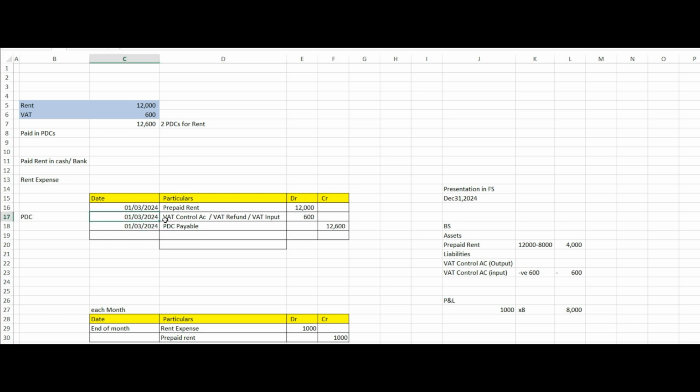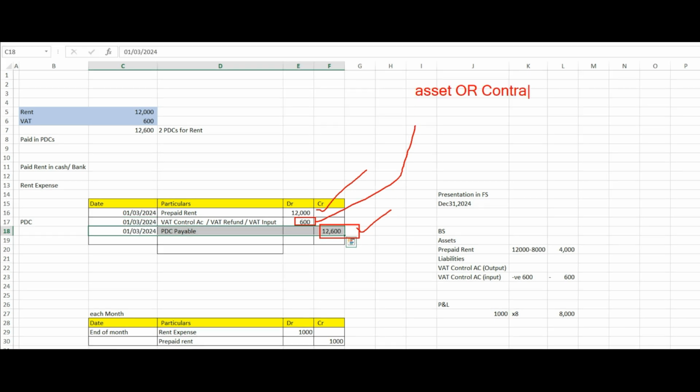The VAT control account, or VAT input account, or VAT refund account will be debited with 600, and PDC payable account will be credited with 12,600. So this is your liability account, this is your asset account, and this is your asset or contra liability account.